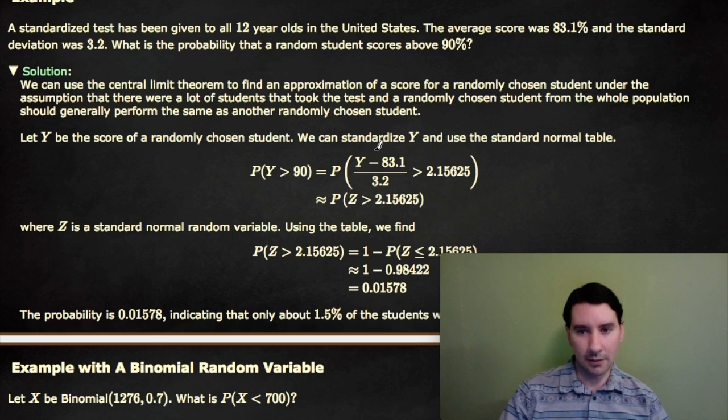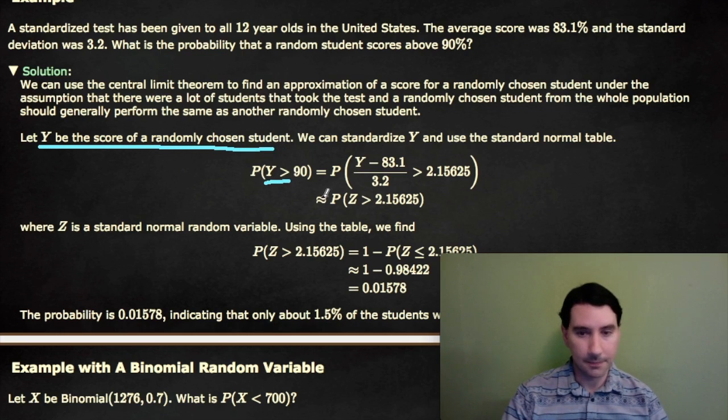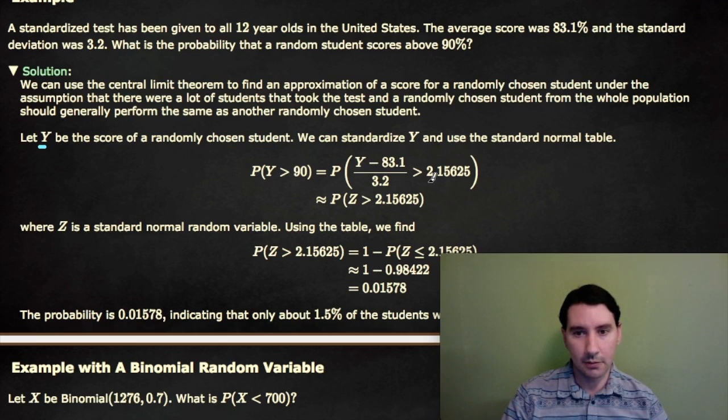Under those assumptions, let's define Y as the score of the randomly chosen student. The probability Y is above 90 is the same as the probability that (Y minus 83.1) over 3.2 is bigger than 2.15625.